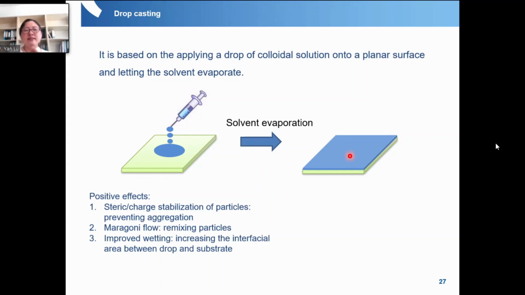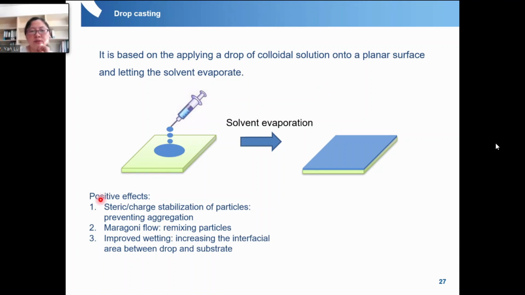And the advantage of this method here is, of course, using the steric or electrostatic stabilization of the particles to prevent the aggregation of particles. Because here, if the particles are already aggregated in the solution, you'll never get a homogeneous film.